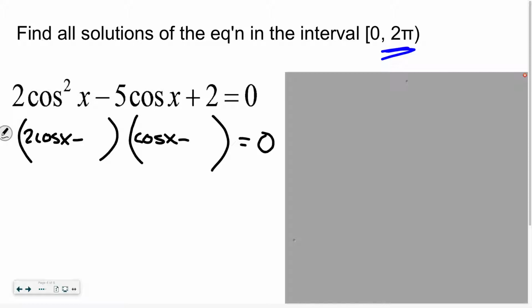Now I have to be careful when I'm placing this because one of them gets multiplied by 2 cosine x and one of them just gets multiplied by 1 cosine x. I need them to make 5 cosine x. So you have to decide, am I going to do 2 and 1, or 1 and 2? That way I'll have negative 4 cosine x minus 1 cosine x makes negative 5 cosine x. So remember, we did factoring trinomials back in section 1. Now set them equal to 0.